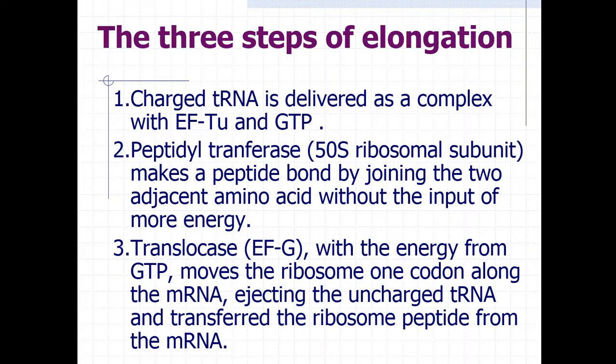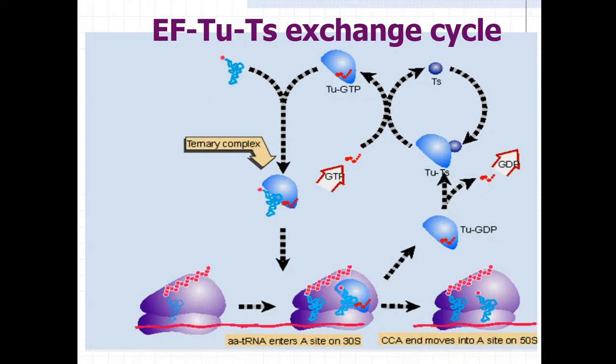So EF-Tu brings charged tRNA, EF-G-GTP helps in translocation of the ribosome one codon ahead, and EF-Ts is the exchange factor for GDP to GTP.